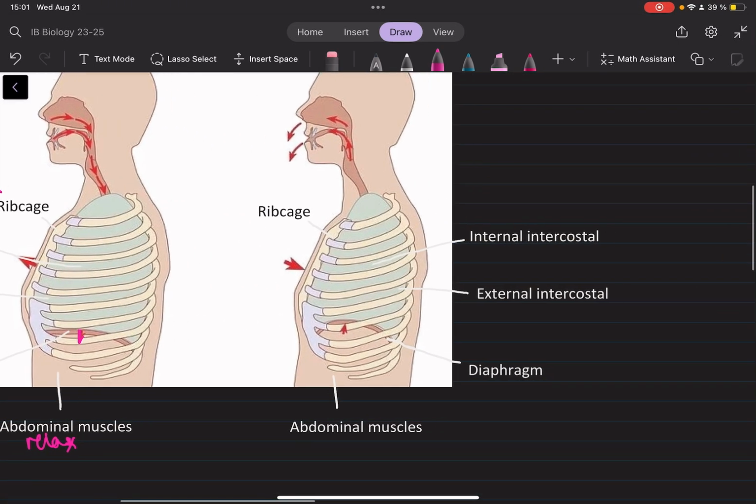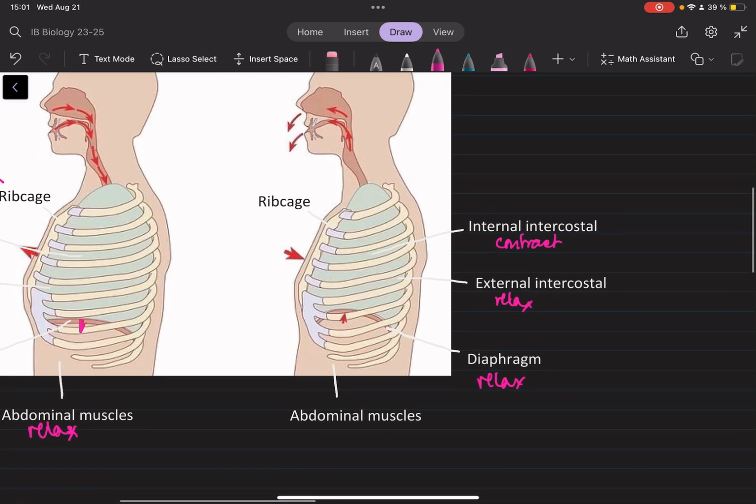Now the opposite happens when you exhale. Your internal intercostal muscles contract. The external ones relax. The diaphragm relaxes, and your abdominal muscles contract. And again, now because your external intercostal muscles relax, your rib cage moves inward and downward.